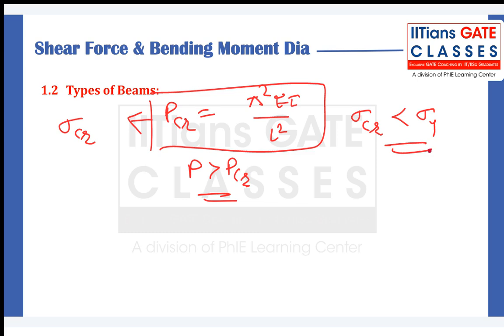Failure will happen, and this P is a compressive load, right? So guys, buckling failure is not a material failure. Buckling happens due to external disturbances if your applied load is higher than the critical buckling load. Clear?